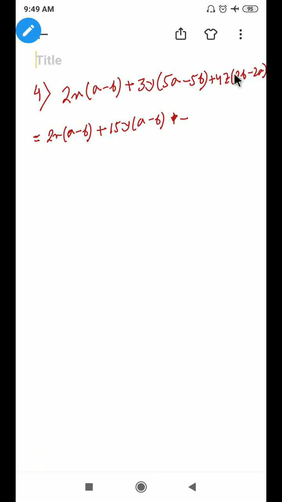So if you take minus 2 from here, this will be converted to minus 8, minus 8z, and here is left a minus b, because if you take common minus from here, then you will get b minus a, like this. Now from these three you can take common a minus b.